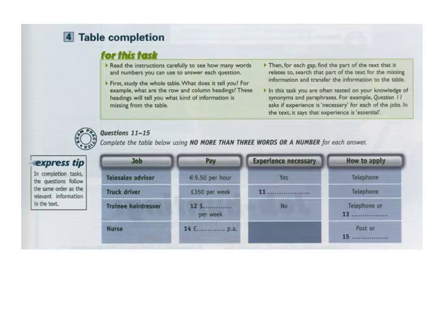Question 13, we're going to be looking for not telephone, but another way to apply for a job. What might it be? It might be by fax, it might be by email, it might be by mail. Could be a number of ways that a person could apply for a job.